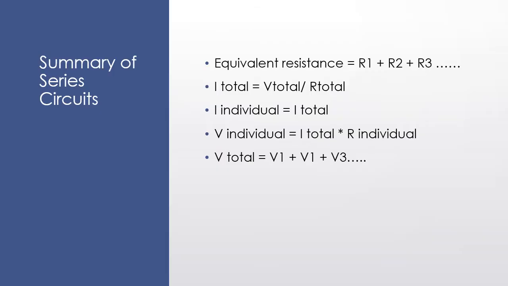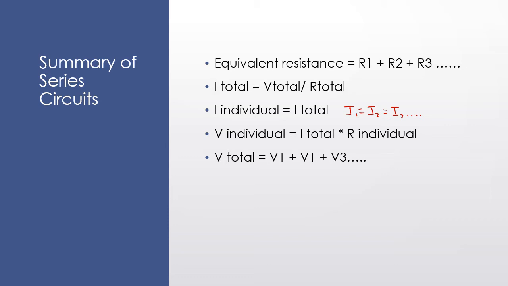So, quick summary there. Equivalent resistance is R1 plus R2 plus R3, however many R's there are. The total current is the total voltage divided by the total resistance. The individual current is the same as the total current, meaning that I1 equals I2 equals I3. Wherever you're measuring the current is going to be the same.